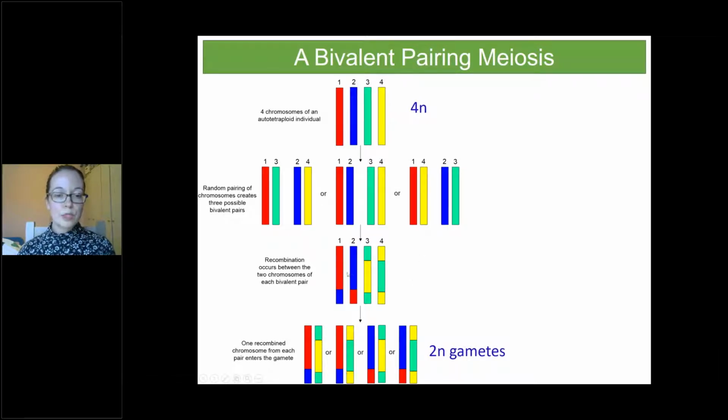Between the paired chromosomes, you get the swapping of the segments, which you can see down here, and then the recombined chromosomes will segregate into the gametes, which are of course diploid rather than haploid in an autotetraploid meiosis. So we tend to think of this as the simple case because it's very similar to what happens in a diploid, the only difference being that you've got two bivalents, or two pairs, instead of just one.